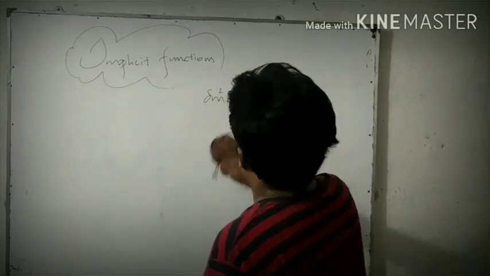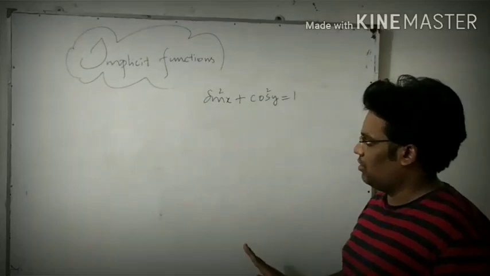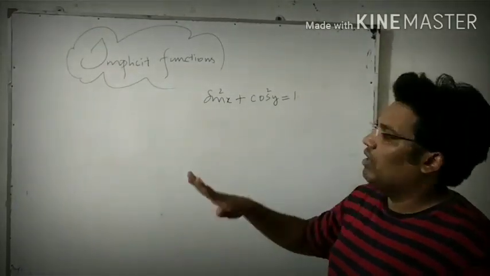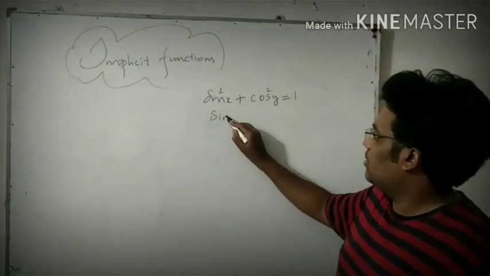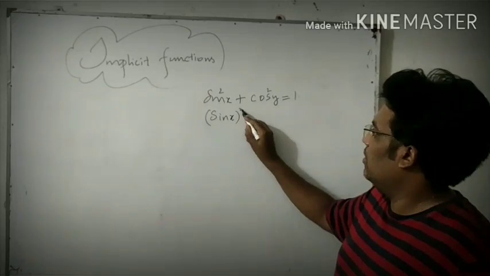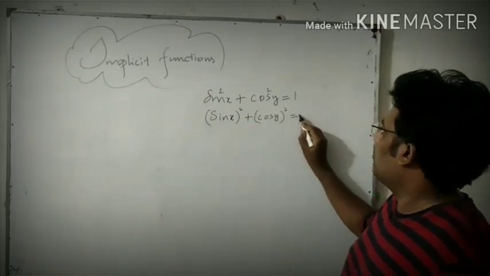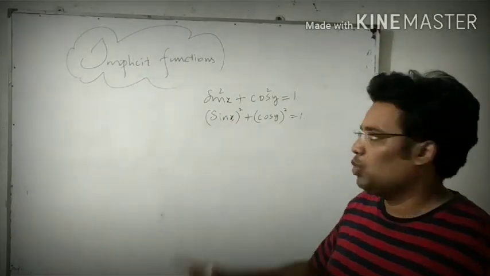So I've taken a problem like sin square x plus cos square y equals 1. Remember, this is an implicit function. Again, no need of taking this as y equals. Clear? So now this can be written as (sin x) whole square plus (cos y) whole square equal to 1. Note down this: sin x is a variable, 2 is a constant.